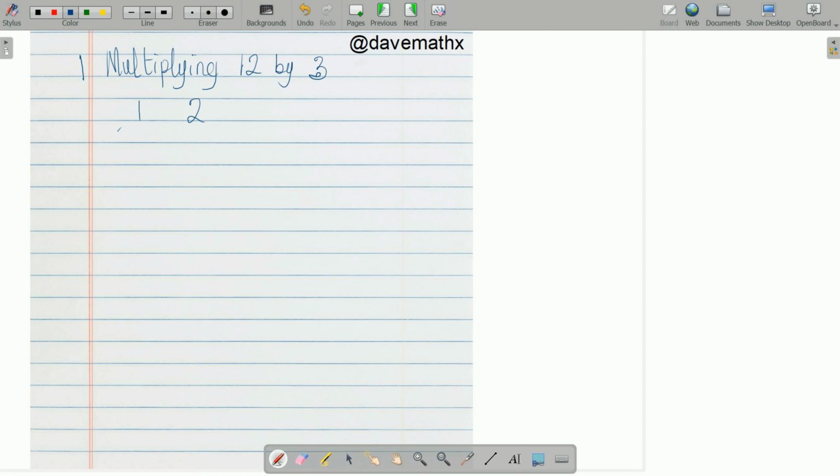So I will be multiplying 12 by 3. Three times 2 is 6, while 3 times 1 is 3. After that, I will be expressing it as a Roman numeral.